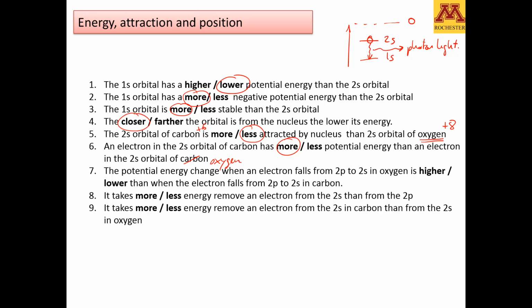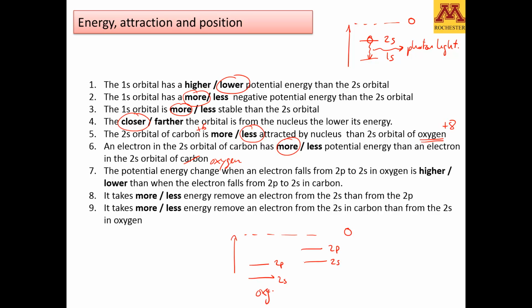Is the potential energy change when an electron falls from 2p to 2s in oxygen higher or lower? Well, let's remember, I'm just going to write the same thing. So this would be our 0 potential, this would be the 2s and 2p, exaggerated, and this is the 2s and the 2p.